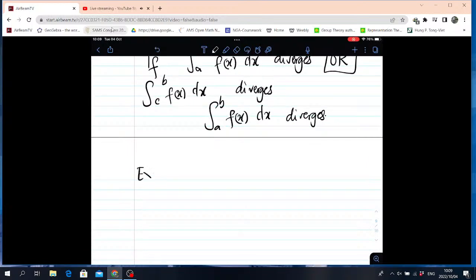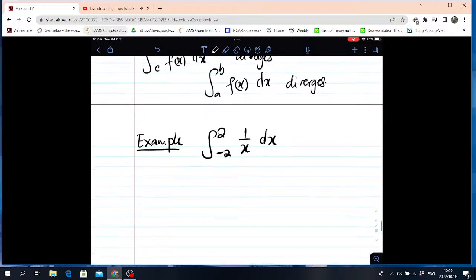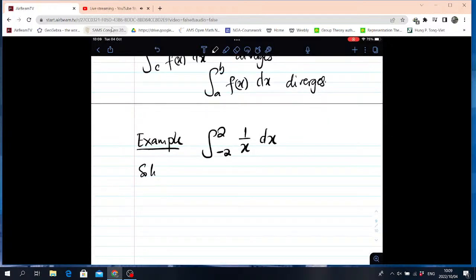Example number 1: suppose you've got the integral from -2 to 2 of 1 over x dx, and you want to find out what the integral is.